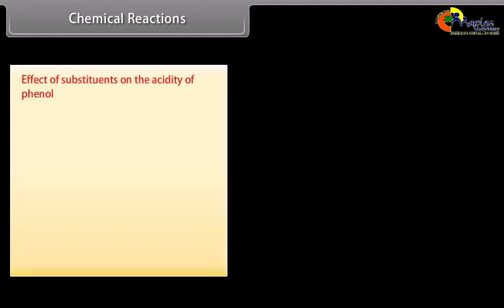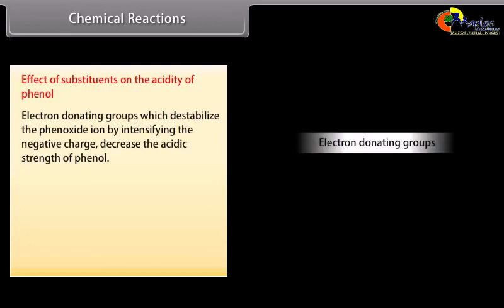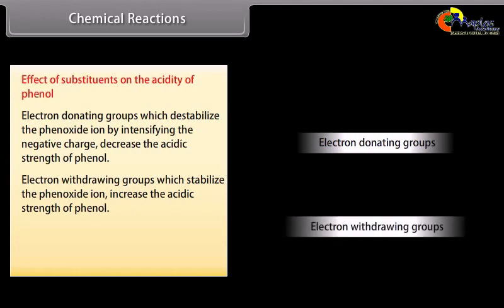Effect of substituents on the acidity of phenol. Electron-donating groups which destabilize the phenoxide ion by intensifying the negative charge decrease the acidic strength of phenol. Electron-withdrawing groups which stabilize the phenoxide ion increase the acidic strength of phenol.